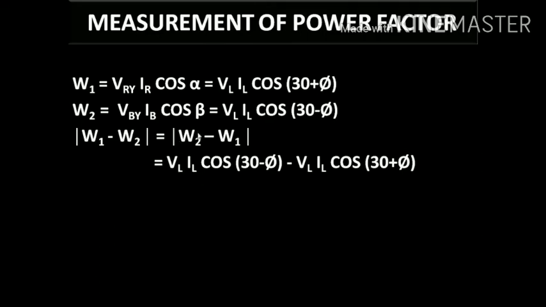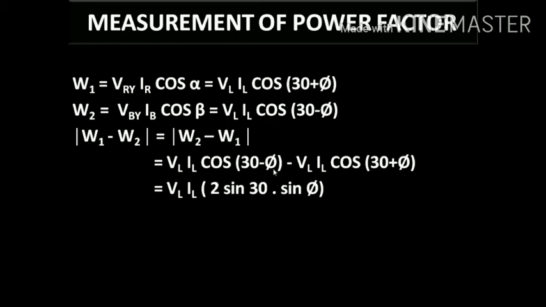Putting the value of W2 here, it is VL IL into cos(30 minus phi) minus VL into IL into cos(30 plus phi). Taking common VL into IL, the remaining part is cos(30 minus phi) minus cos(30 plus phi), which is equal to 2 times sin 30 into sin phi.